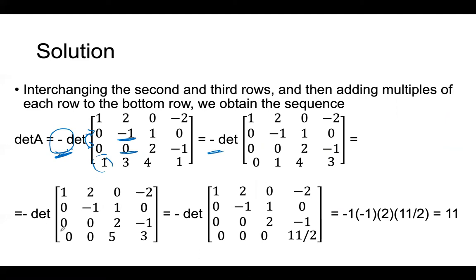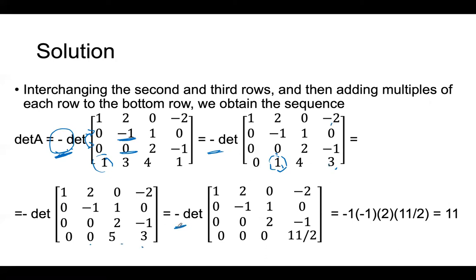So we can take 1 minus 1, 0, 3 minus 2, 1, 4 minus 0, 4, 1 minus negative 2 is 3. And now we can do the same thing. We can get rid of this 1. We can just add row 2 plus row 4 is 0. 4 plus 1 is 5. 3 plus 0 is 3.